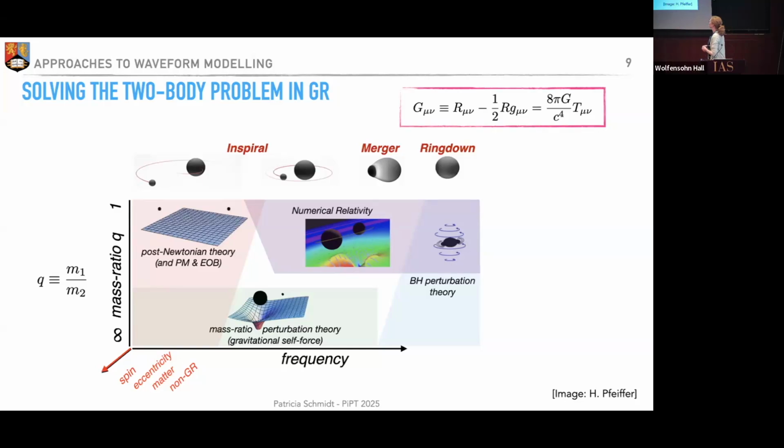Numerical relativity, you can see up in the box here, this is not a fundamental thing that we cannot do. You can solve numerically an extreme mass ratio situation. Just at the moment, with the techniques that we have, it's not really possible to do that, right? So there's something called the Courant limit, which tells you the ratio essentially between your time and your spatial stepping, and that is significantly penalized the more unequal mass your binary is.